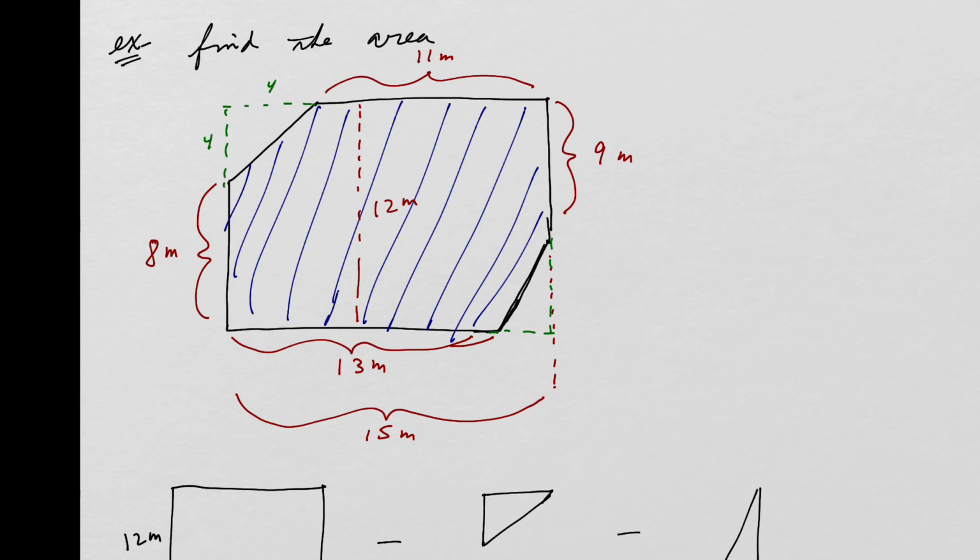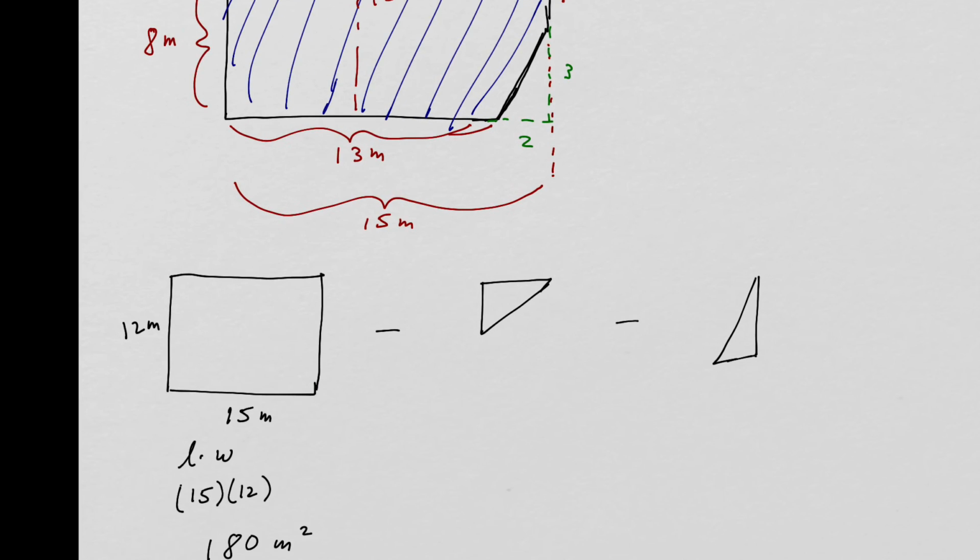Again, if this is 15, and here to here is 13, this must be 2. And if this is 12 from here to here, and from here to here is 9, this must be what's left over, which is 3. Okay, so this triangle, I didn't really draw it well, but this should be 4 and 4, and then this is going to be 2 and 3.